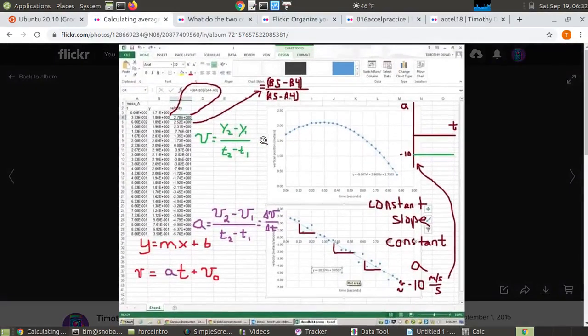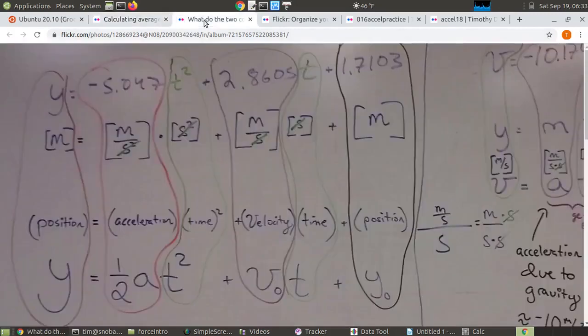Just like we generated our velocity time graph by taking the slope at every single point along this parabola, we could get the slope of this line on the velocity time graph. And because it's a line, it has the formula y equals mx plus b. If we customize y equals mx plus b for a velocity time graph rather than a position time graph, we end up with this.